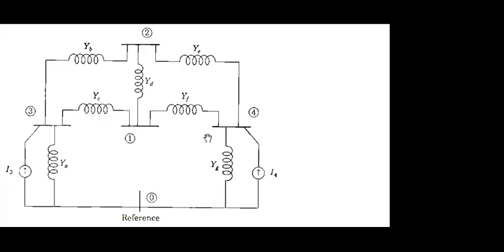For node 3, V3 times YA, V3 minus V2 times YB, V3 minus V1 times YC, as well as minus I3.